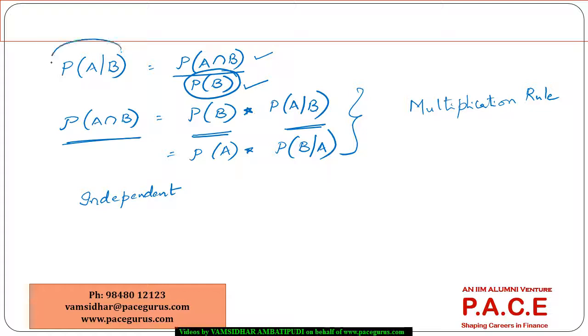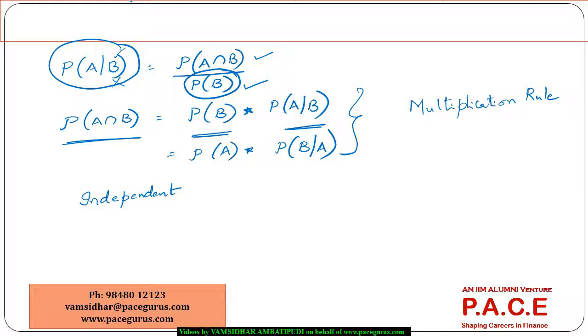That is P of A given B. Think of it like this: whether B has occurred or not, if my probability of A is the same. For example, I have thrown the dice the first time. I got a value of 3 on the dice. That is the event A.